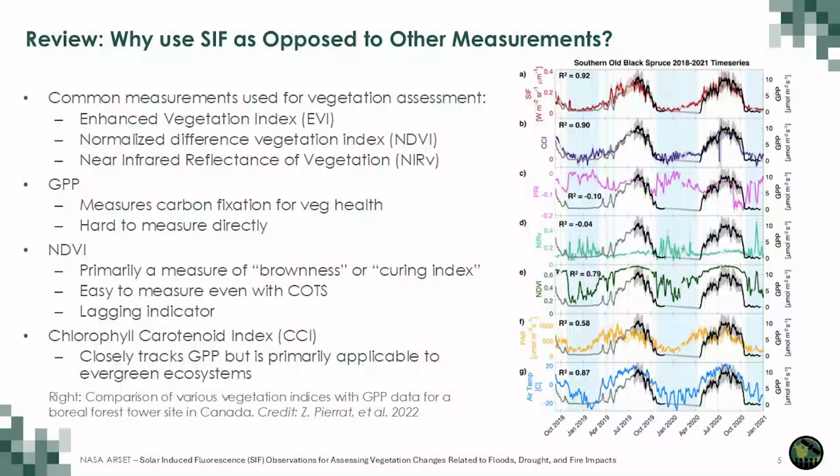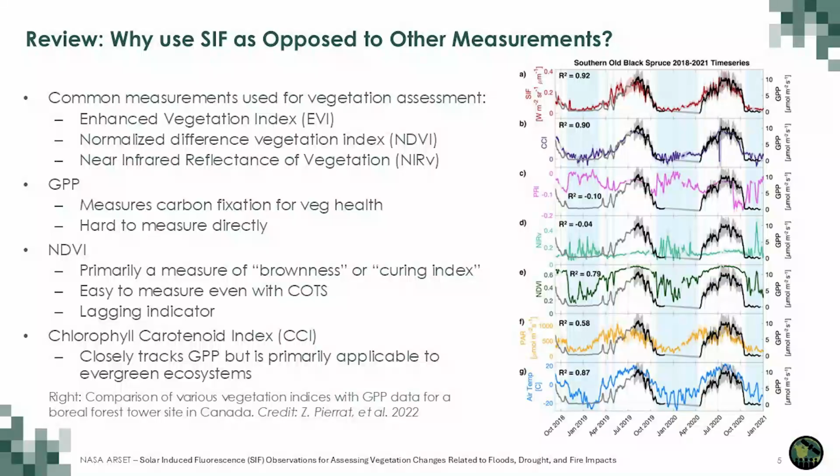As an aside, there are some SAR-based measurements that can measure biomass, like the recently launched ESA spacecraft, itself called Biomass, but this approach is relatively new and data coverage is limited. With all that being said then, because of the challenges of using GPP directly, it is often necessary for us to use alternative measurements.